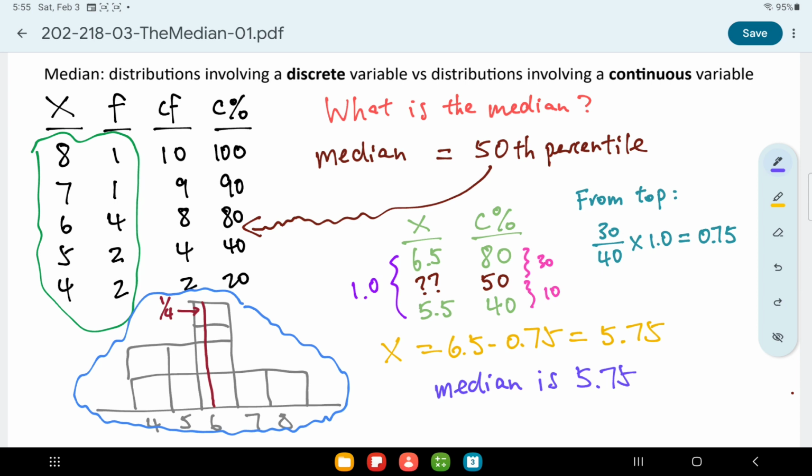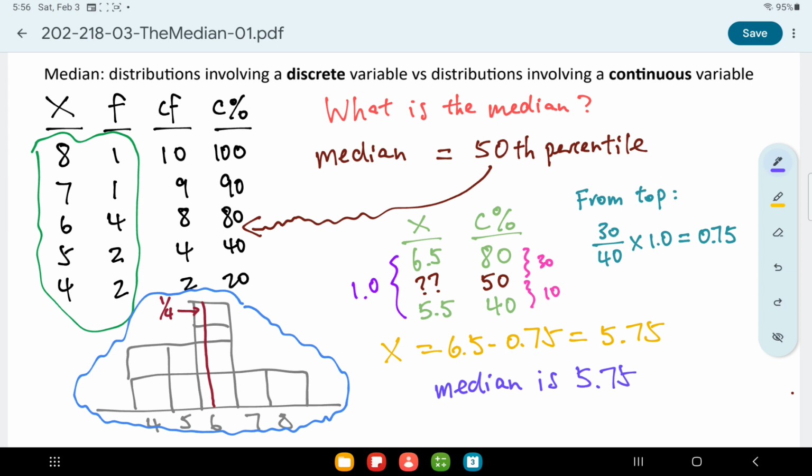And once we complete the mathematical analysis, we come to the conclusion that x is 5.75 when looking at the 50th percentile. The percentage rank for x equals 5.75 is 50%.